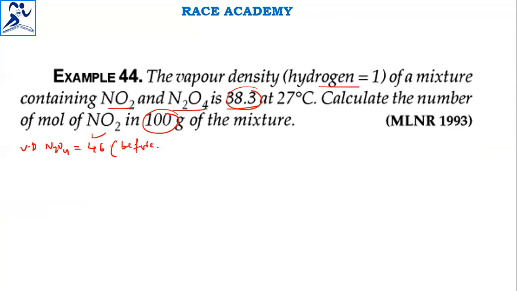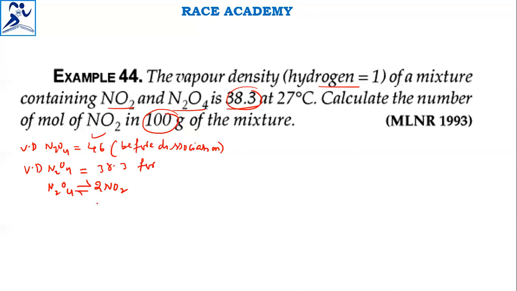But after dissociation, the vapor density of the mixture is 38.3, as the question gives. That is a mixture for the equation N2O4 in equilibrium with NO2.